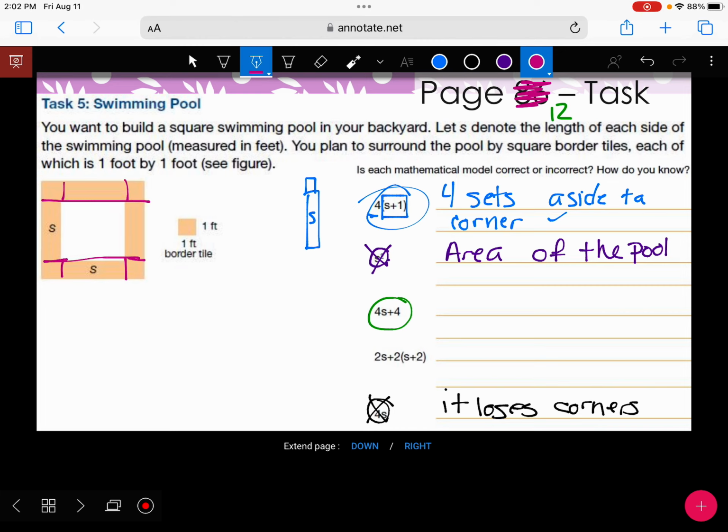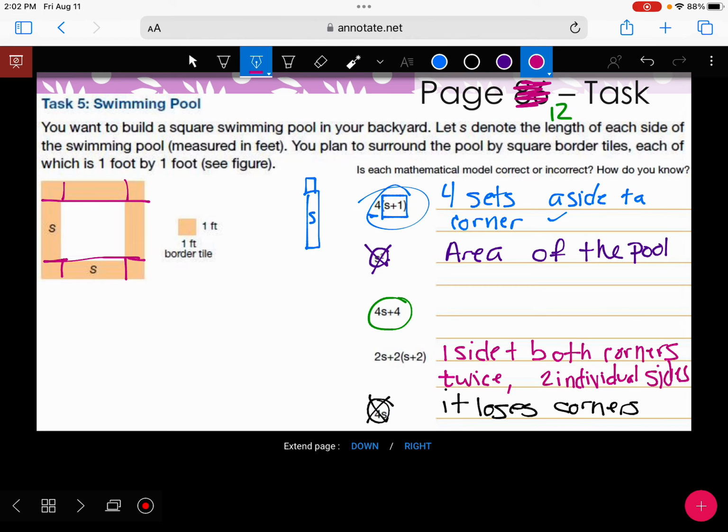A side plus my two corners. One side plus both corners. And that's twice. And two individual sides, right in the space.